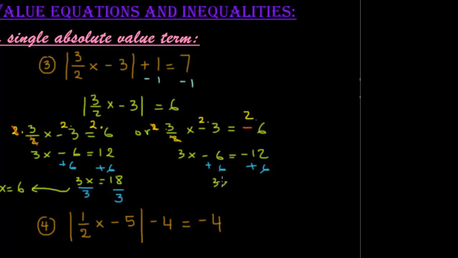So 3x equal to negative 6, and divide by 3 on both sides. That will give me x equal to negative 2. Then my answer for this problem is x equal to 6 and x equal to negative 2.